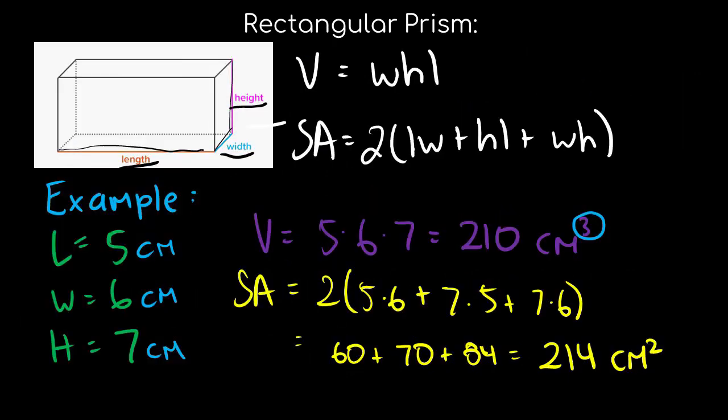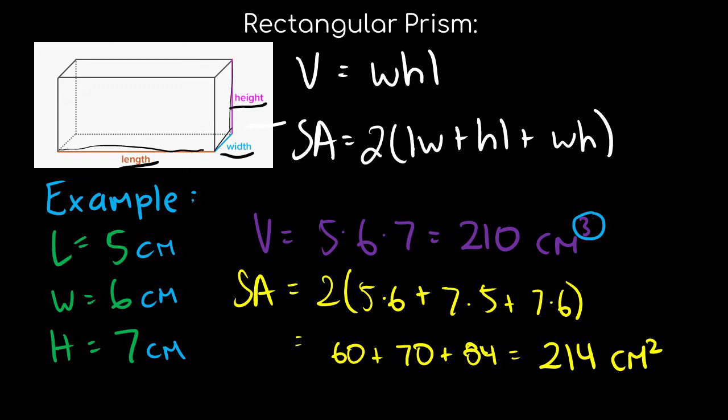The rectangular prism is just like its cousin, the cube, because think about it. A cube is just a square 3D form, while a rectangular prism is a rectangle. So we have three variables.